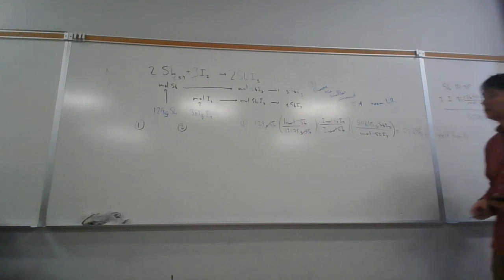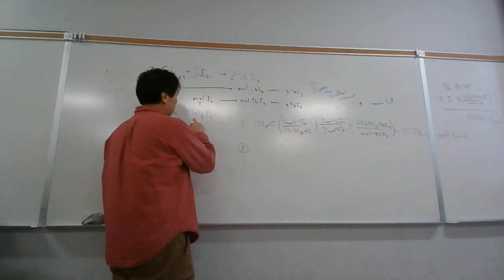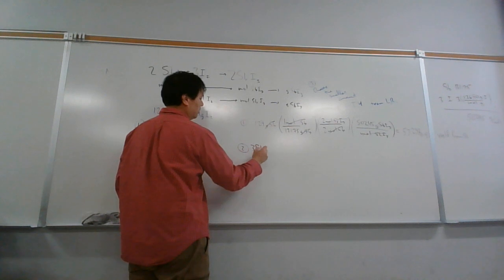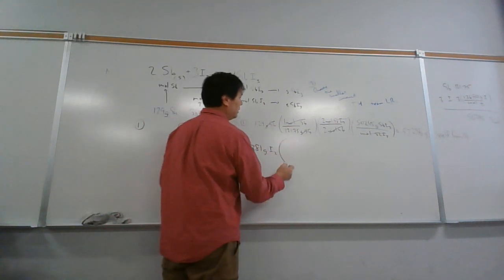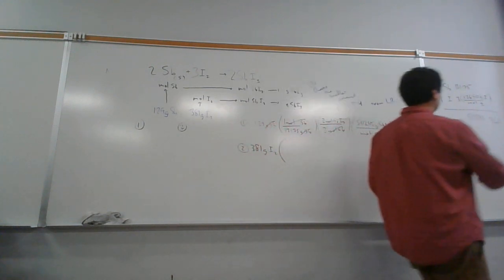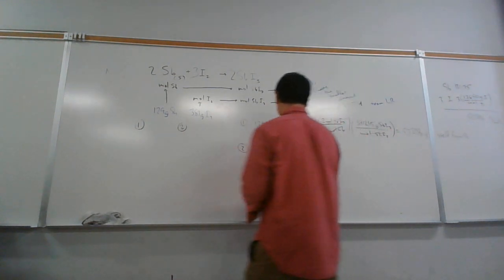And then what we're going to do is calculate the yield from the iodine. We're starting off with 381 grams of I2. And then the molar mass for I2 is just double this. Just do it in my head, 126.9 times 2, 253.8.